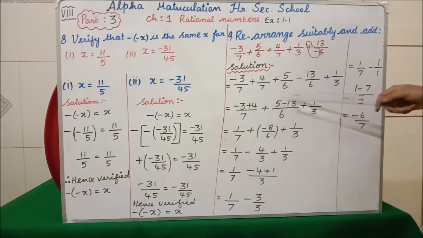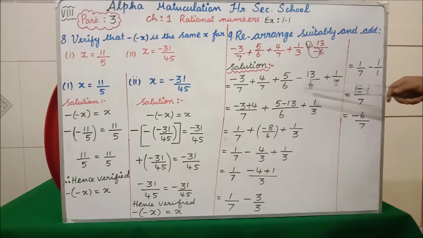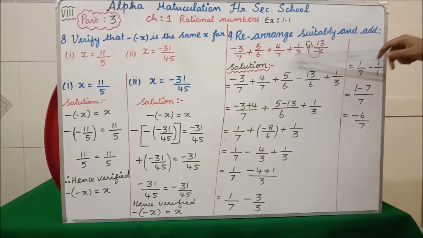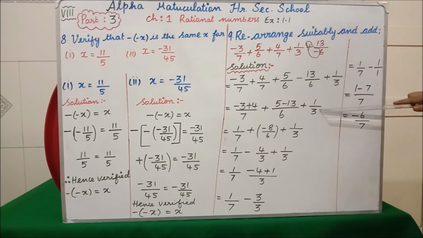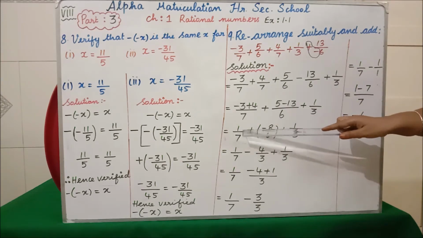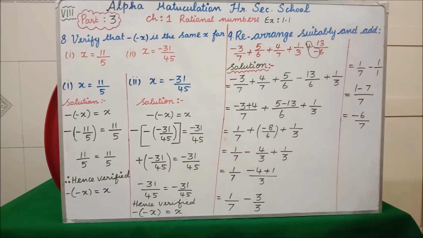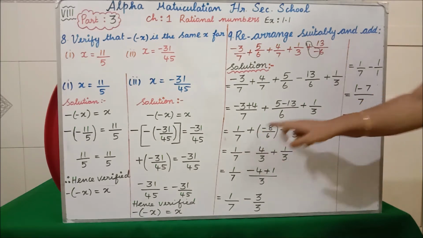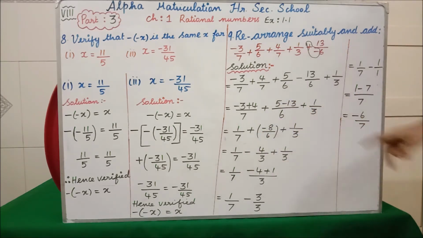Next, here both the denominators are the same, so what do we write? 1, 6 I am writing. The numerators I am subtracting: 5 minus 13. Then this 1 by 3, we don't have a pair, so bring it down as such. The next step: 4 minus 3 is 1 by 7. Next, in between I have written plus. 5 minus 13: here a plus sign is there, here a minus sign is there.